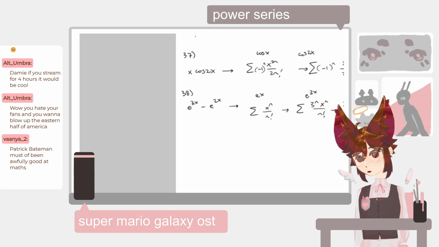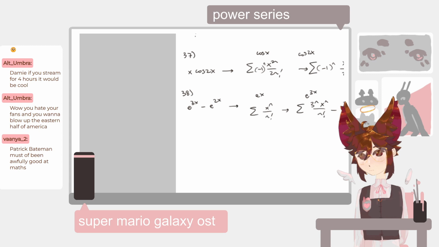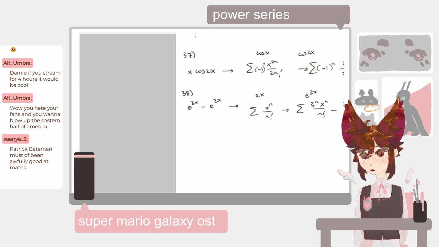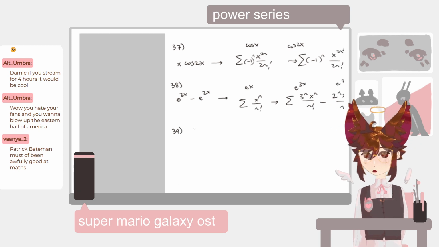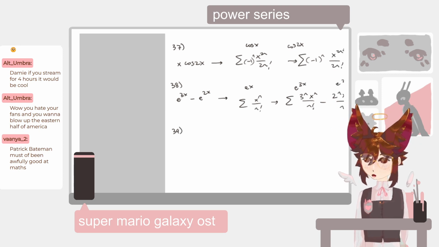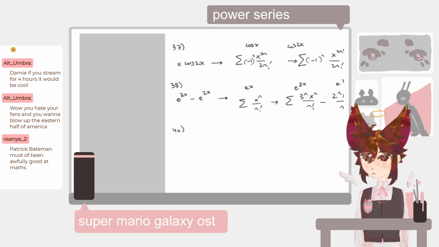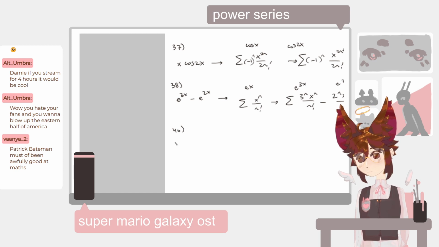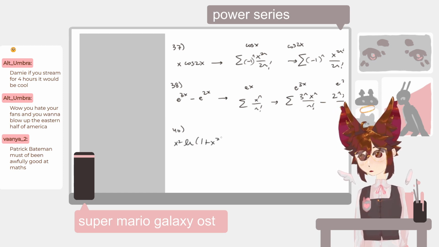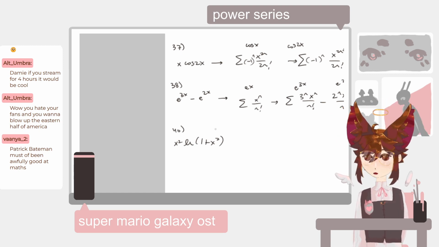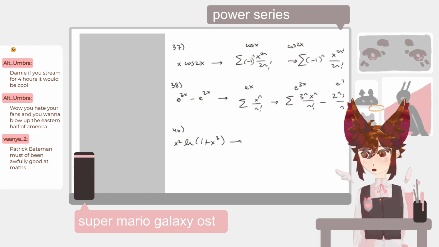Okay, I'm supposed to do 40, but I don't want to do 40. We should do 39. Making the executive decision. Oh, that one looks bad, actually. I should do 40. It was just another cosine function. Okay, x squared ln of 1 plus x squared. X cubed. I should read the problem correctly.